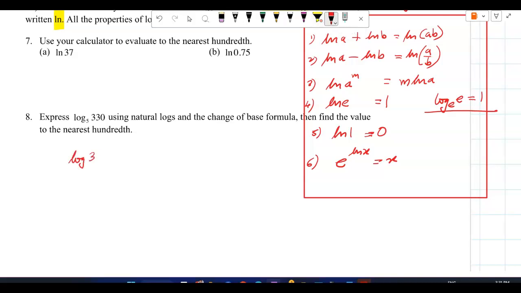So log 330 to the base 5 is ln 330 upon ln 5. If we change the base, it's log 330 upon log 5, and I am taking base e, but that's called ln. Now we can find out the value.